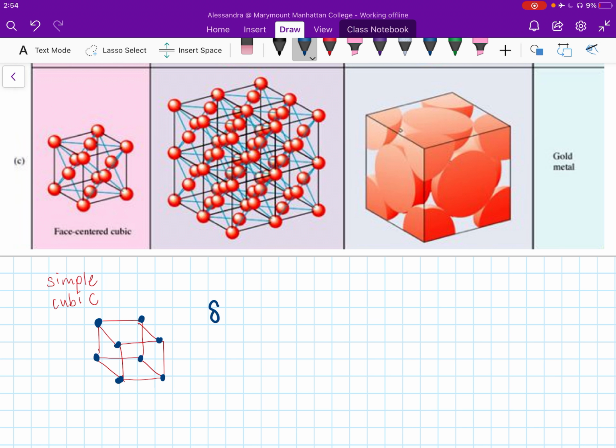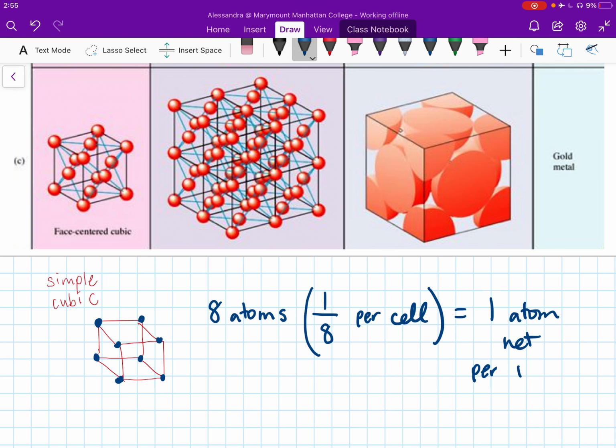So those blue atoms are 8 atoms. Each of them, in the repeating lattice structure, is at the center of an octahedron. So there are 1/8 of the atom per unit cell. That means that cumulatively, there is 1 atom net per simple cubic unit cell. So for simple cubic, that's relatively easy to see.